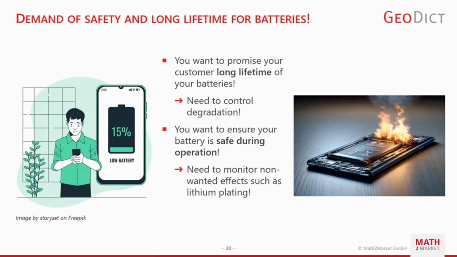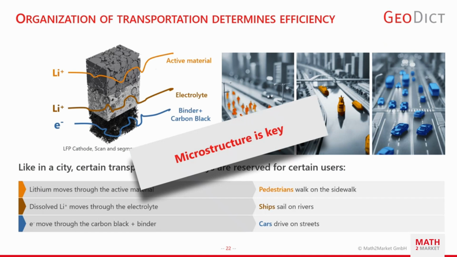For example, your customer asks for a certain lifetime of the battery, so you want to have control of the degradation mechanisms. Or you also want to have a safe product, so you don't want any issue with the battery during operation, that it catches fire or something. And for this, once again, the microstructure is key, because if you know what is really going on at the microstructure level, you can also evaluate what are the risks for degradation mechanisms or possible security issues.